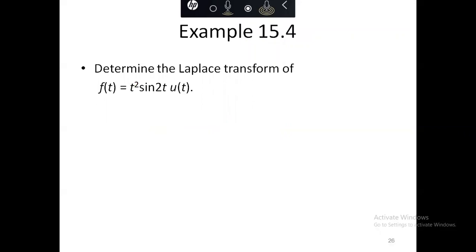For example, we have to take the Laplace transform of this function, t squared sine 2t u(t). So it is in fact t^n f(t) u(t). How can you take the Laplace transform of this function?